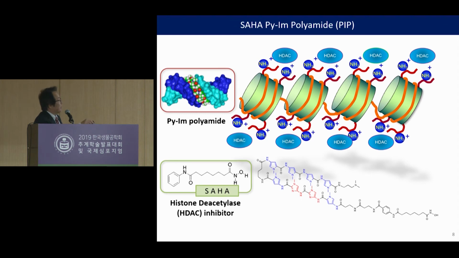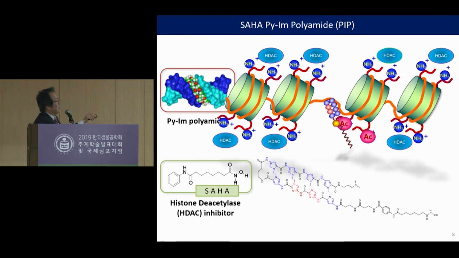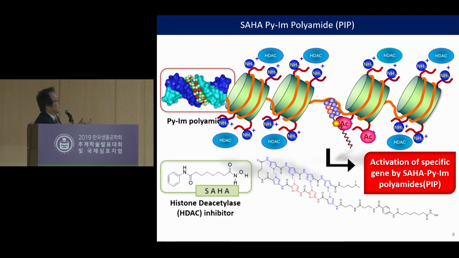We conjugated the HDAC inhibitor SAHA at the end of the polyamide to deliver the HDAC inhibitor locally and recruit histone acetyltransferase. And they put the acetyl group and neutralize the electrostatic interaction to get gene activation.